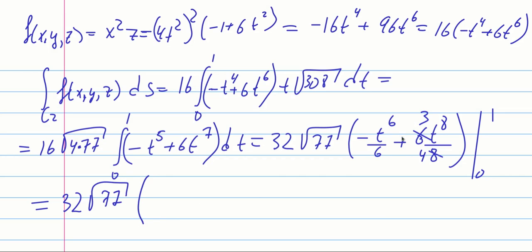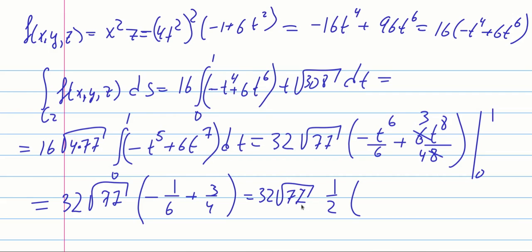So finally we have 32 times the square root of 77. If we plug in 0, everything will zero out, so we'll keep it. So we have negative 1 over 6 plus 3 over 4. And we see that 2 is a common factor between 6 and 4, so we can take 1/2 and factor it out. We have 32 square root of 77, and here we have negative 1/3 plus 3/2.